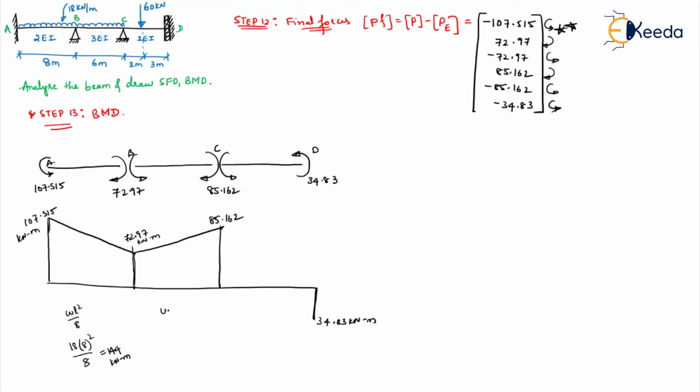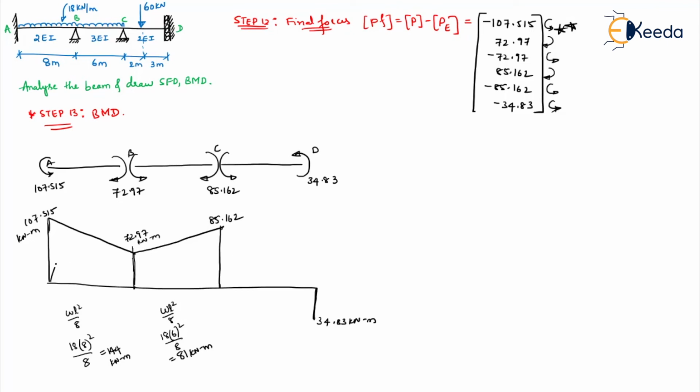Then coming here, WL square by 8, W is again 18, L is 6, square by 8, so this comes to 81 kilonewton meter. Here again we cannot draw because of the loading also, so I am keeping this portion pending. Let's do it at a later stage.